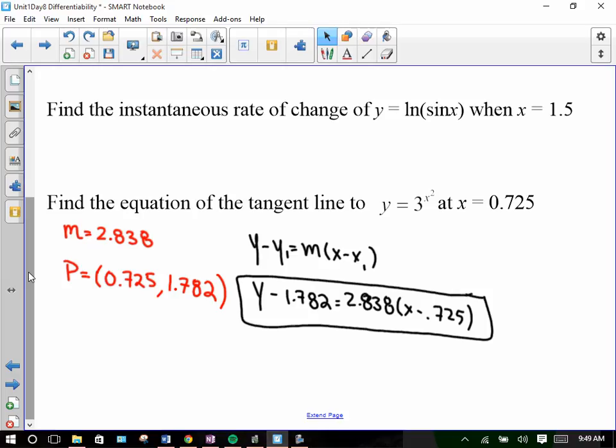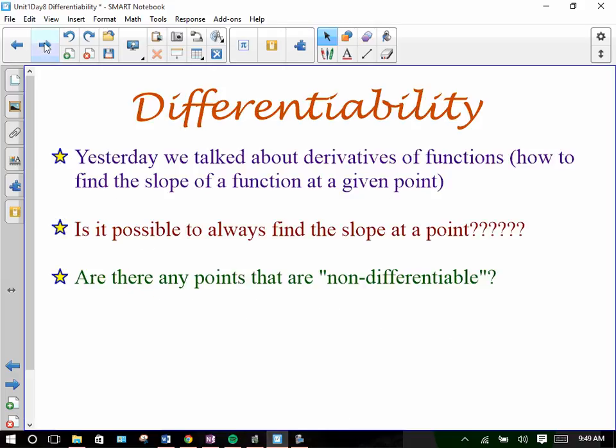So, moving on from there. Differentiability. We've been talking about differentiability, we've been differentiating. So, not yesterday, but for you guys on Wednesday, we talked about derivatives of functions, how to find the slope of a function at a given point. And the question we need to ask ourselves is, is it possible to always find the slope at a point?